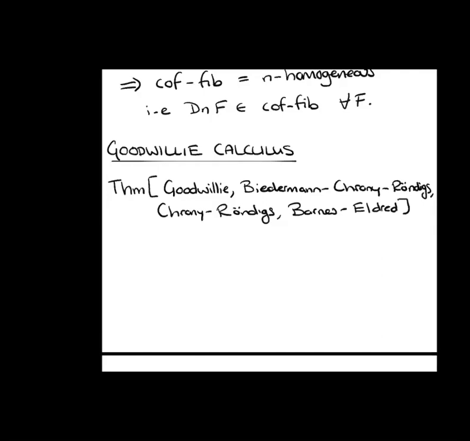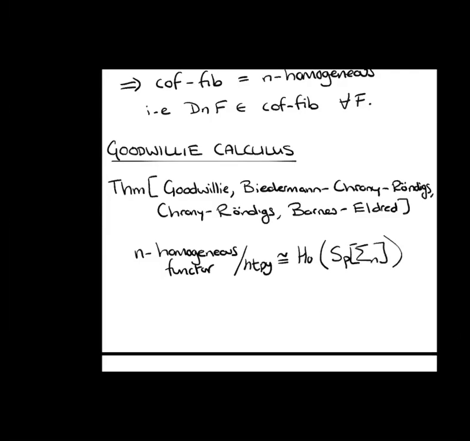All of whom considered slightly different characterizations of Goodwillie calculus. But nonetheless, they all said that n-homogeneous functors, so in particular the layers of the tower, up to homotopy is the same thing as looking at the homotopy theory of symmetric spectra, or spectra with an action of the symmetric group, the n-th symmetric group.